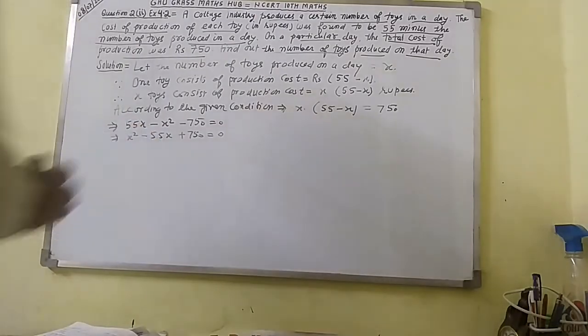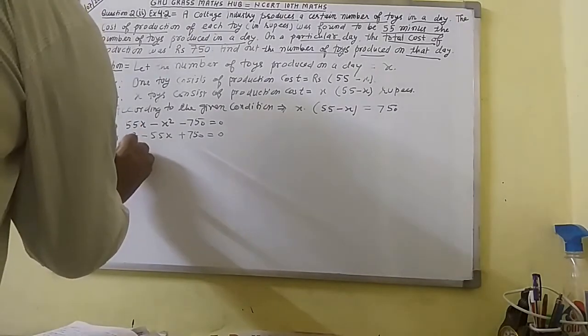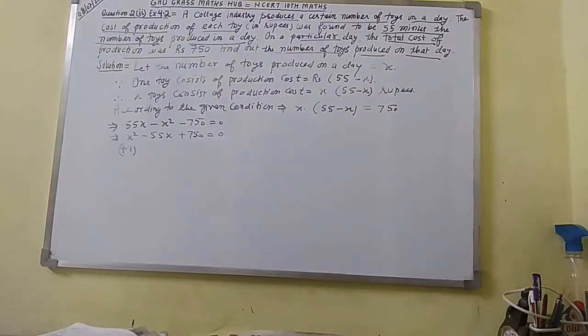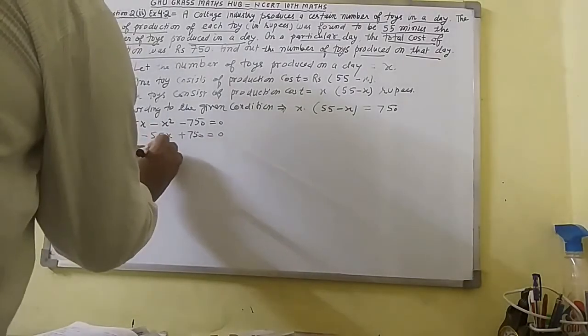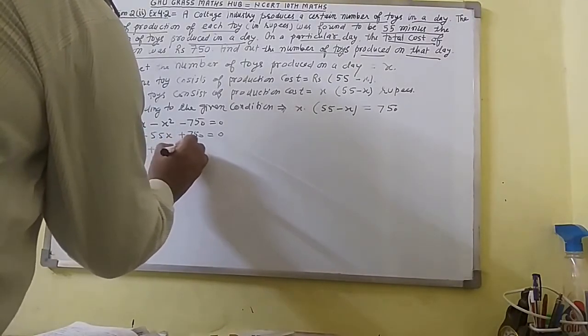Here you can see the coefficient of x square is plus 1. So here you write plus 1. The constant term is 750.